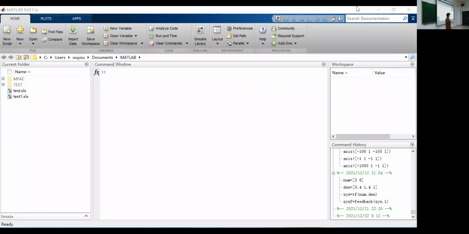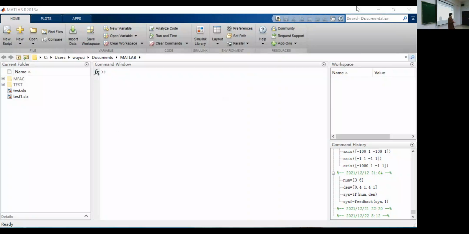Okay, first let's recall the memory about transfer function. So first, what's the definition of transfer function? Transfer function is the ratio of the output over the input of the Laplace transform.